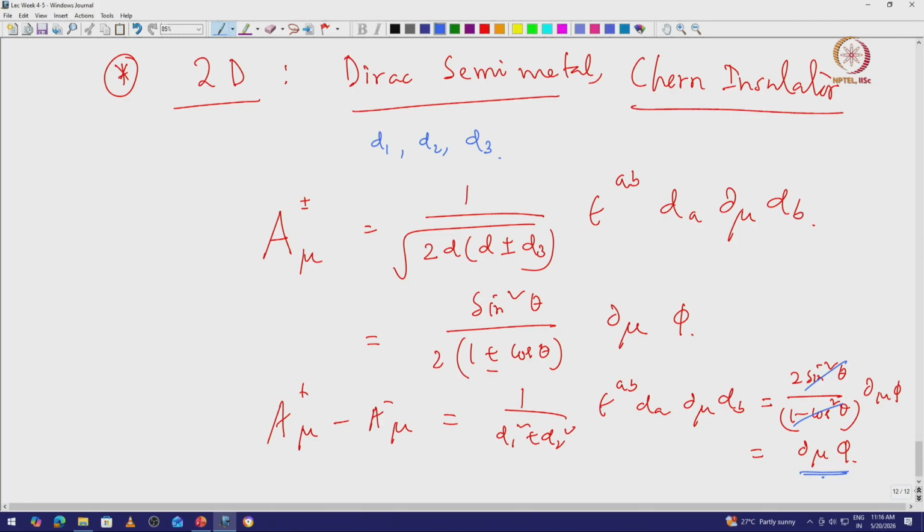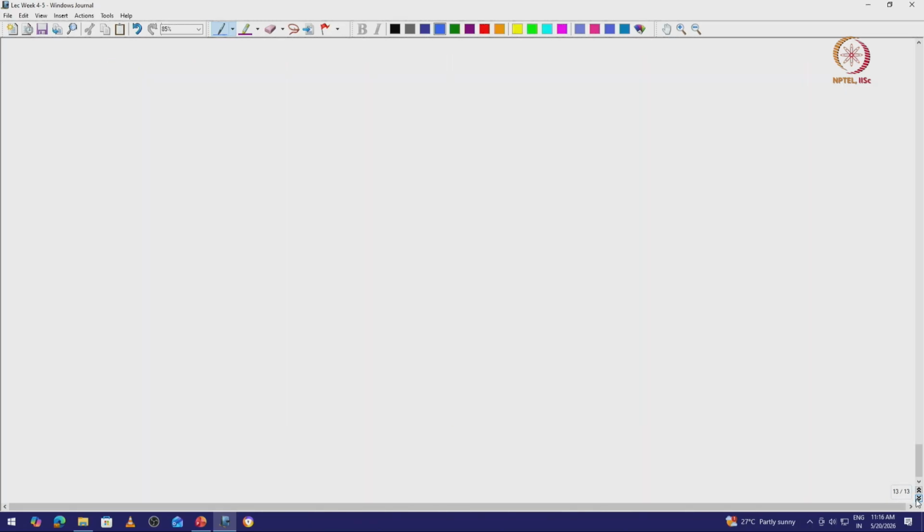Now, both the north pole and south pole singularities in A are removed, they subtract off, and you will only have a well defined quantity. Okay. And what we are measuring in Chern number is 1 by 2 pi.